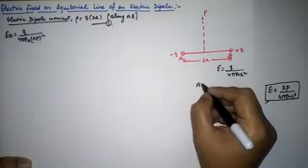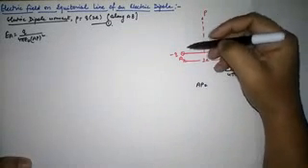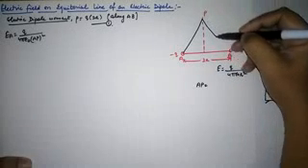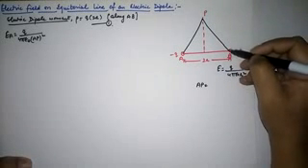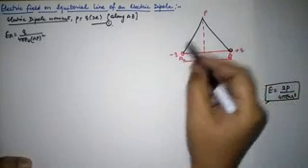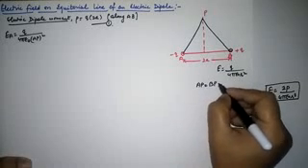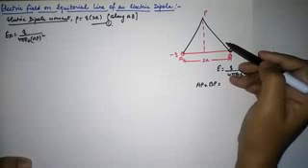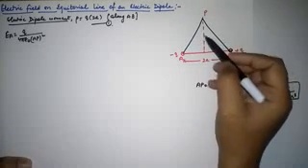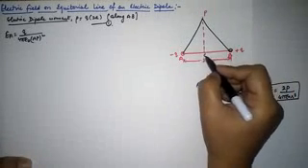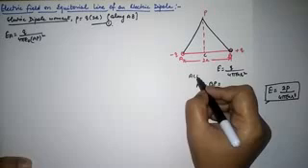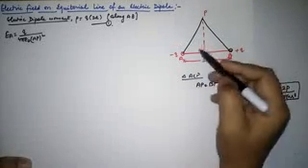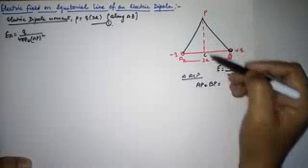If we complete this triangle, we can say AP will be equal to BP. So if we take this triangle ACP, in triangle ACP, AP square is equal to AC square plus CP square.